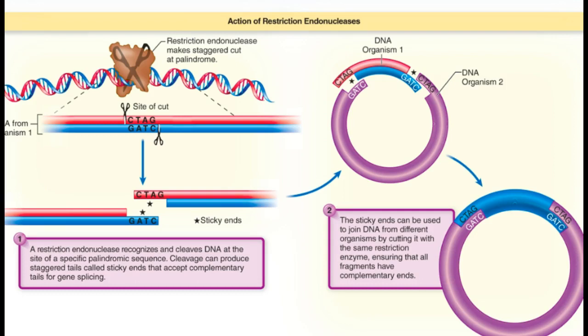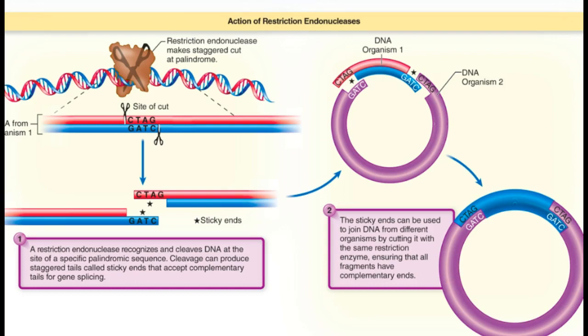They're sequences that are read the same on the 5' to 3' end as they are on the 3' to 5' end. So it's going to recognize those very specific sequences within the DNA, and each restriction enzyme recognizes a very specific sequence, and it cuts in that very specific location.